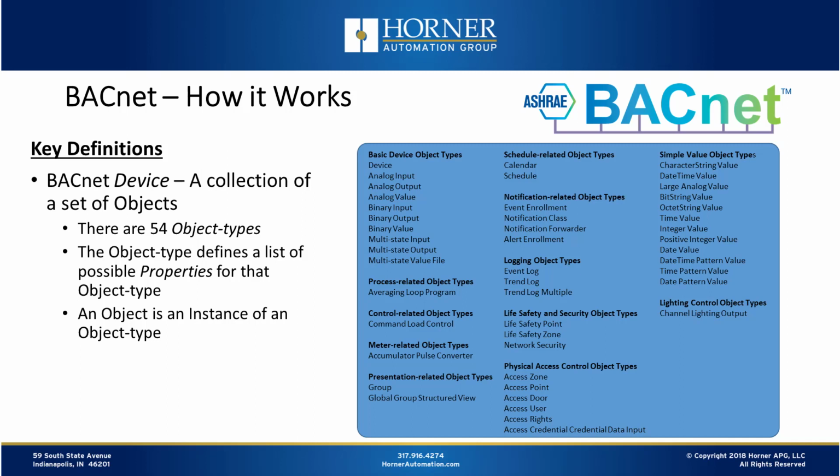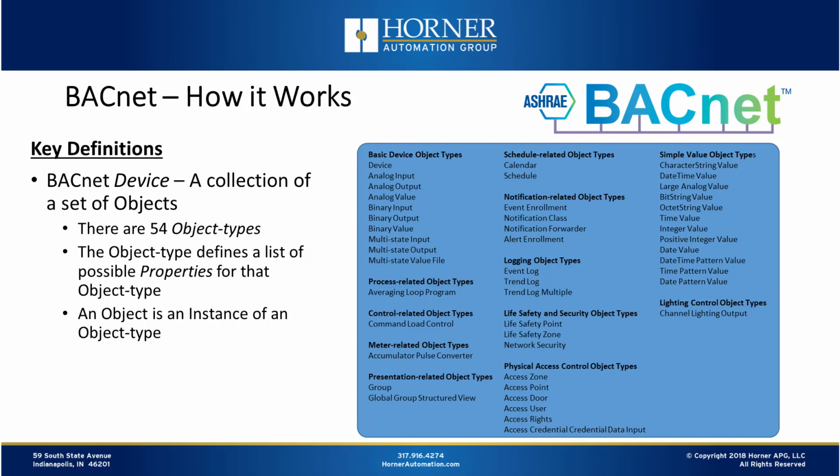Okay, so again, on our top level, we have a device. That device is made up of a collection of objects, and within those objects are potential properties that those objects can contain. Now, we do mix a little bit in our nomenclature between talking about object types, which we're showing there in the table, and objects. An instance of an object type would technically be the objects we're talking about with BACnet devices.